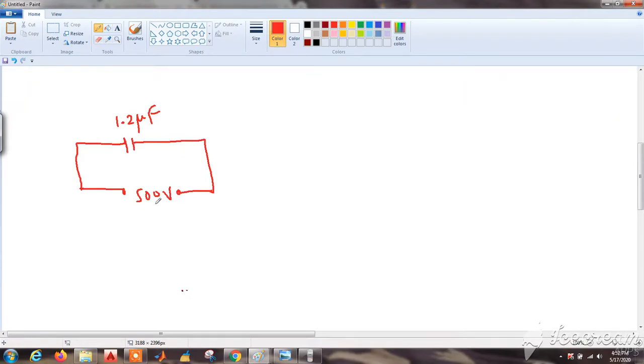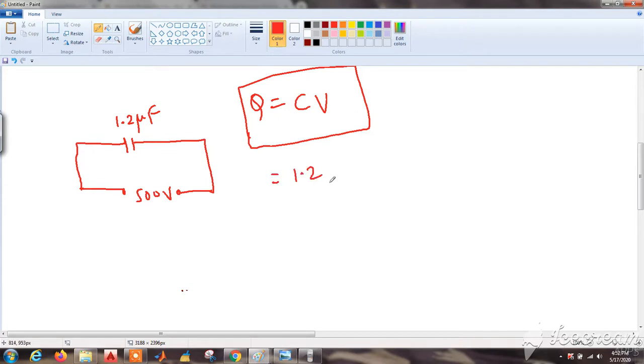We know that the voltage across the 1.2 microfarad capacitor is 500 volts. Now we have another thing called the charge stored in a capacitor, that is Q is equal to CV. This is the basic relationship we have also studied in physics. So from this relation we calculate the charge stored, that is Q is equal to CV, that is 1.2 microfarad into 500 volts.